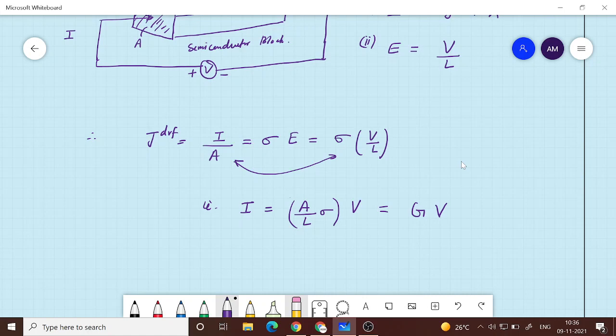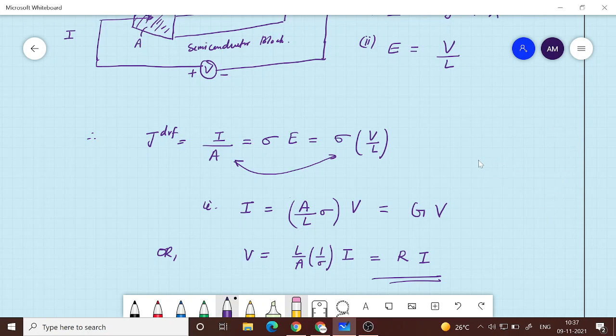Or you can invert this and write it as V is equal to L by A into 1 by sigma into I, which is alternatively R into I. Okay, so these are familiar forms of Ohm's law to you.